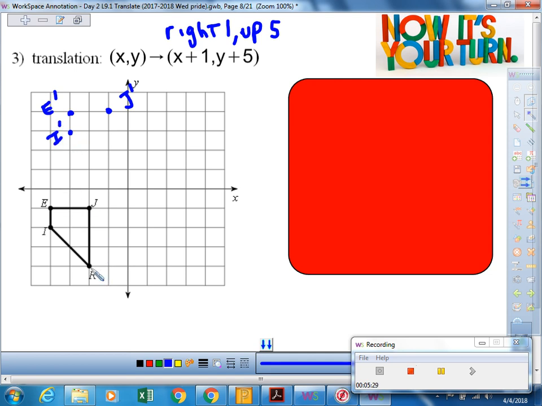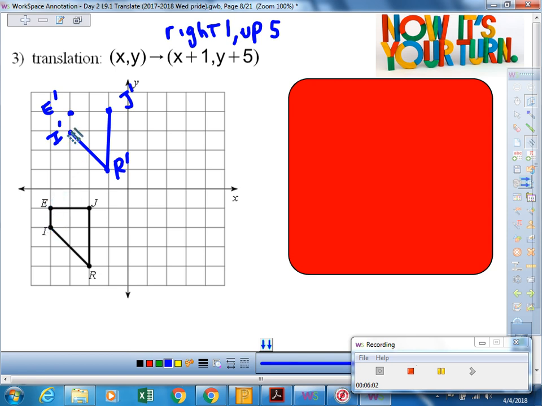I prime, and then R prime. Now, if you ever look at your dots and you don't know how to connect them, go back to your pre-image. So J to R, and then J prime to R prime. R to I, R prime to I prime.